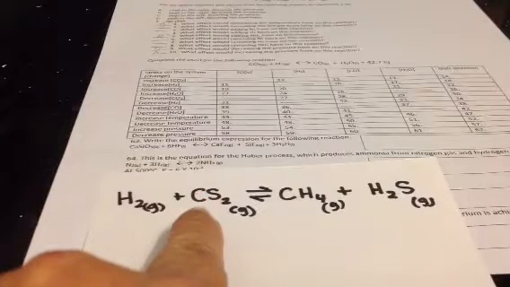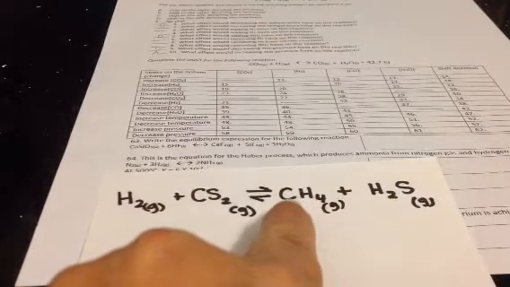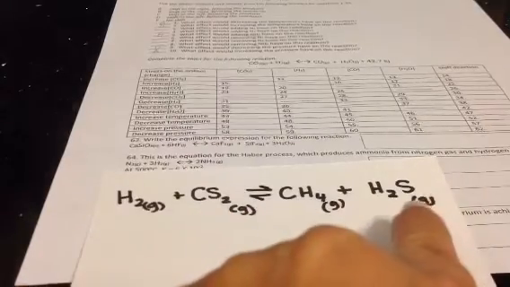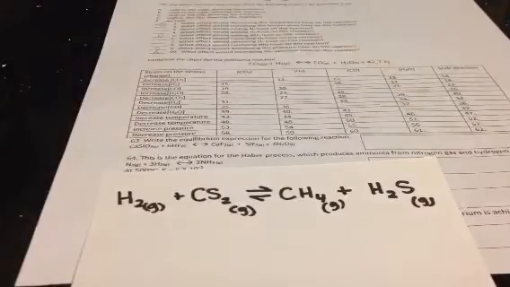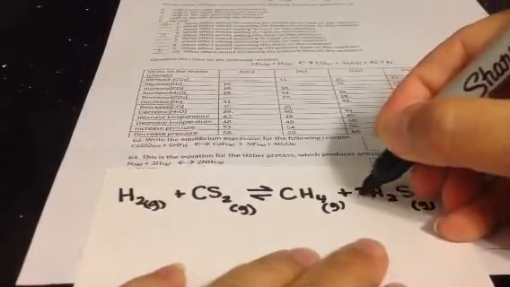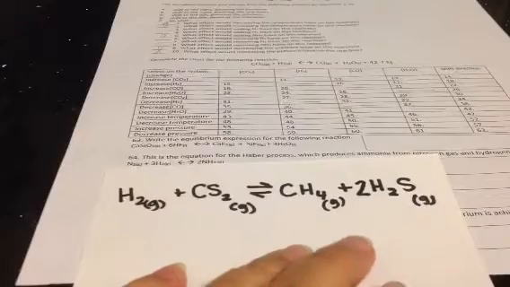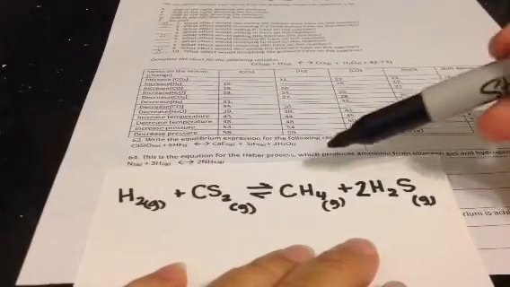So then let's look at our C's. I've got 1 C and I've got 1 C. And I've got 2 S's, but I only have 1 S. So if we would have balanced our H's, I would be messing my H's up again now by balancing my S's. So I put a big fat 2 in front of the S. Now everything is balanced except for my H's, and I can go back and balance those.